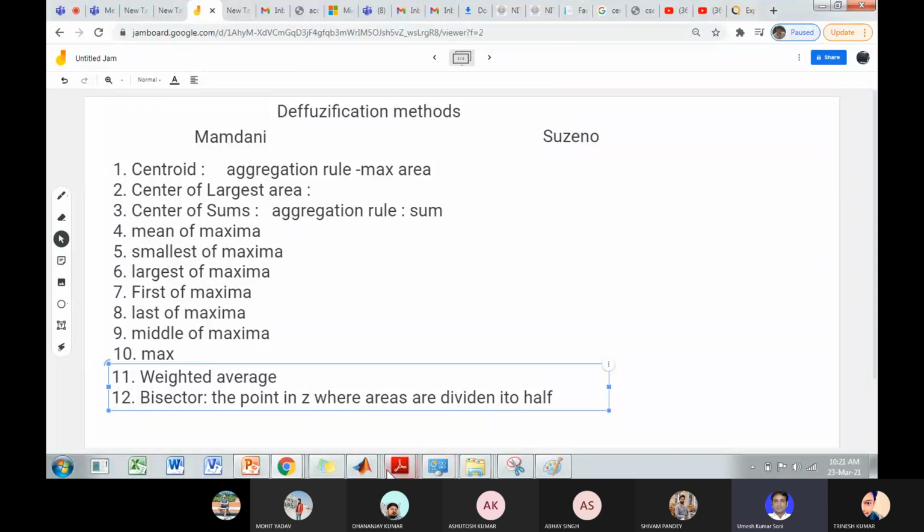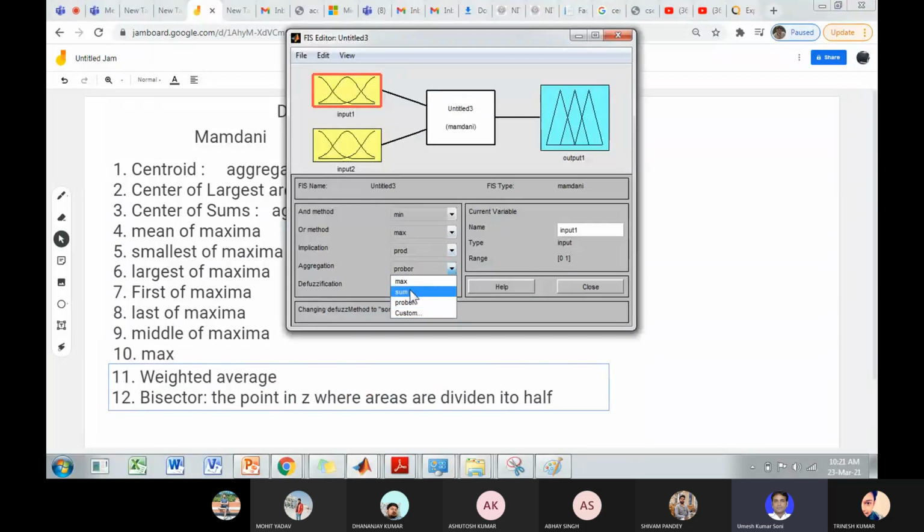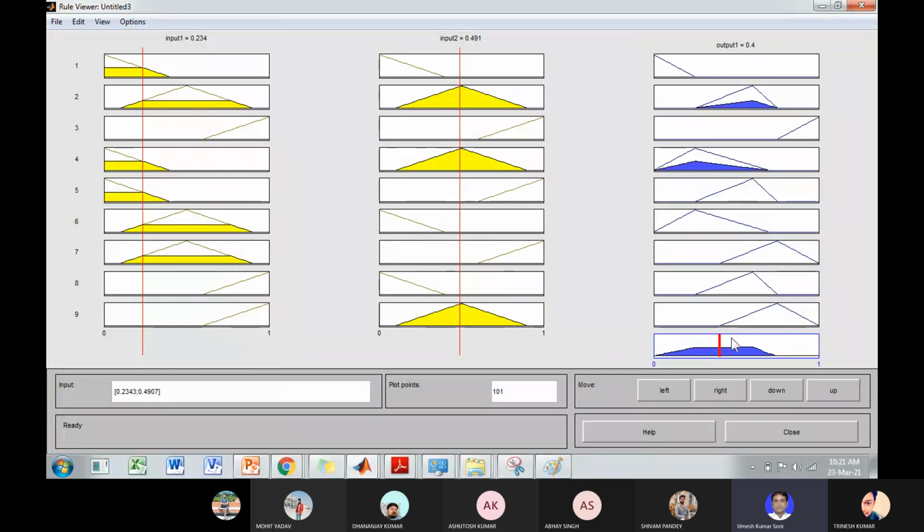Suppose we have taken the defuzzification method, the sum, bisector. Then in bisector, you see here that whenever there is a change in area, the slider shifts here and there, because the area on the left side of the red line is equal to the area on the right side.